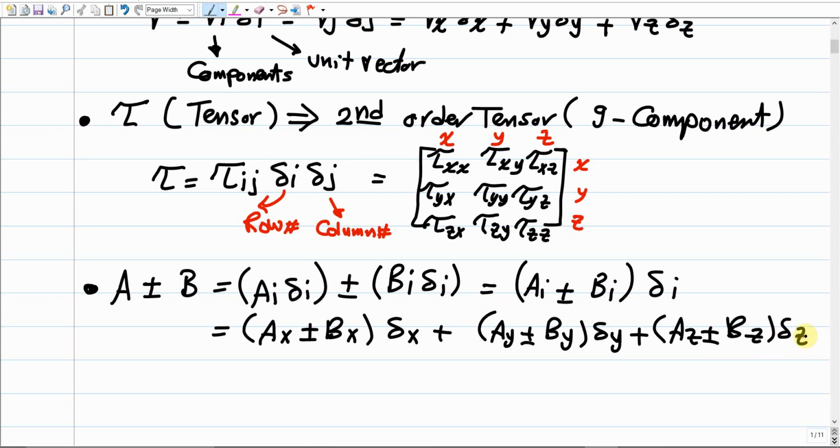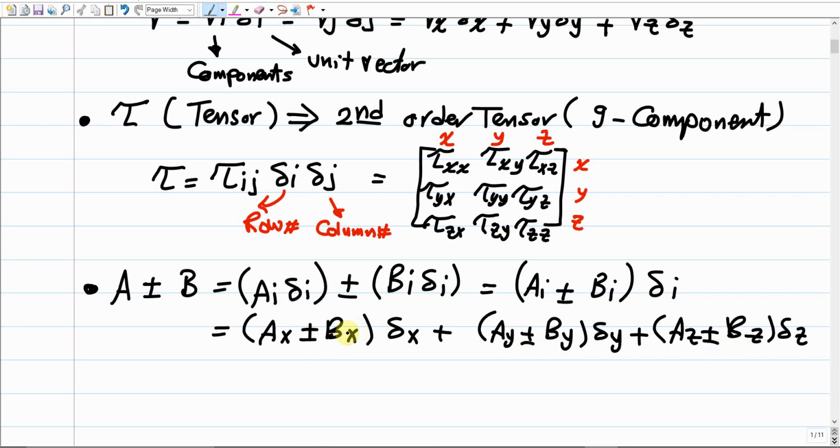So what does this mean? This means if we have two vectors and we would like to add or subtract them, your objective is just to add or subtract the X component, add or subtract the Y component, add or subtract the Z component.